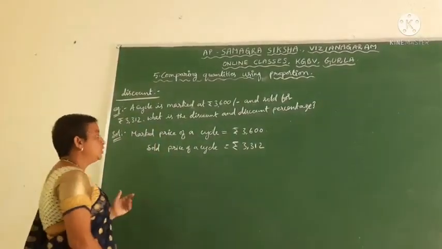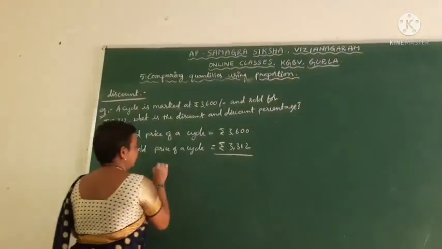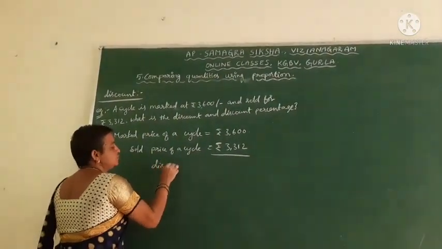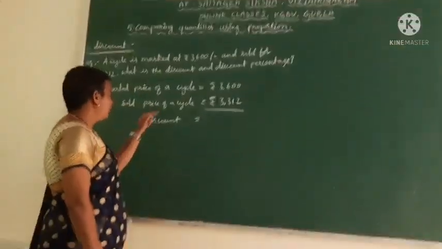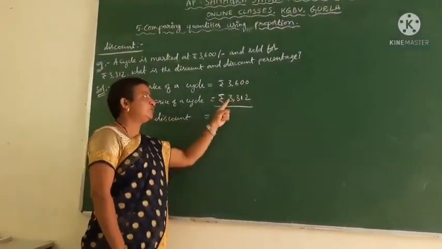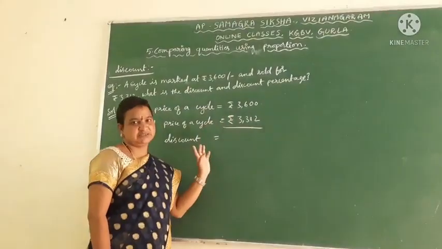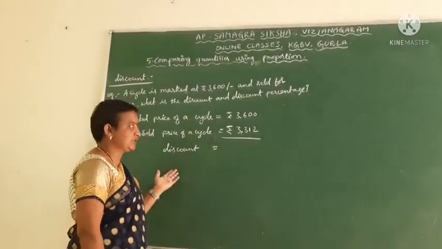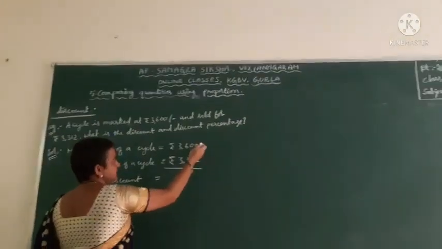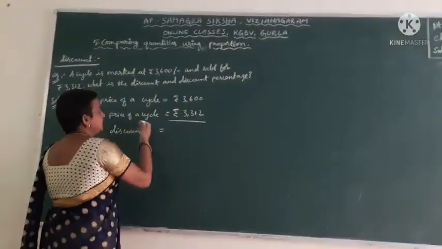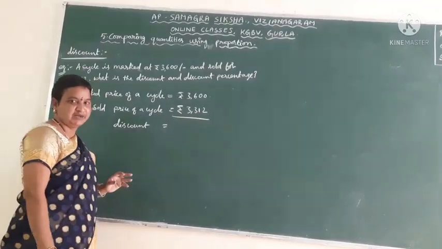So the discount is equal to, if we subtract the sold price from the market price, then we can get the discount. So 3,600 is the market price and the sold price is 3,312.